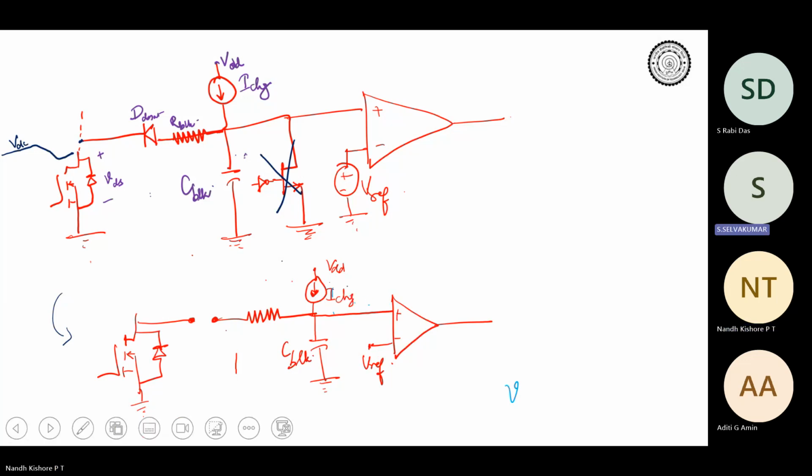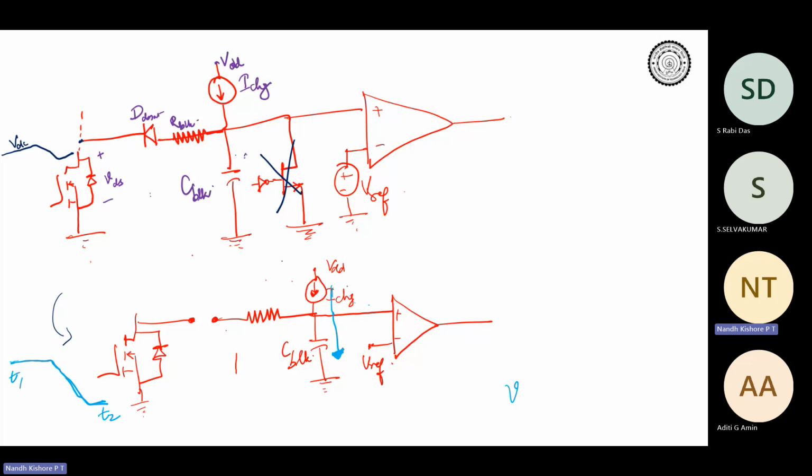Okay, so entire current would be flowing through the capacitor during this period between T1 to T2 when the voltage is still high. Okay, during this period. So T1 to T2. Okay, fine. So now what's happening? A constant current is flowing into the blanking capacitor or CBLK.